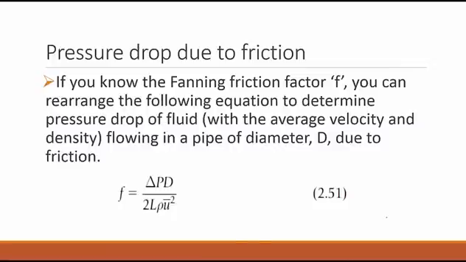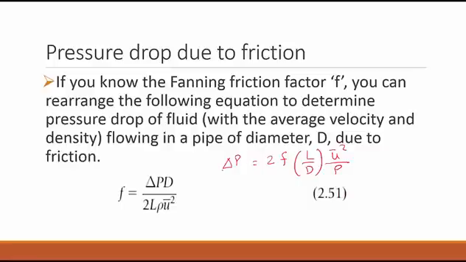So once you know the Fanning factor, you can determine the pressure drop delta P, which is equal to 2 times F, L over D, U bar square times rho.